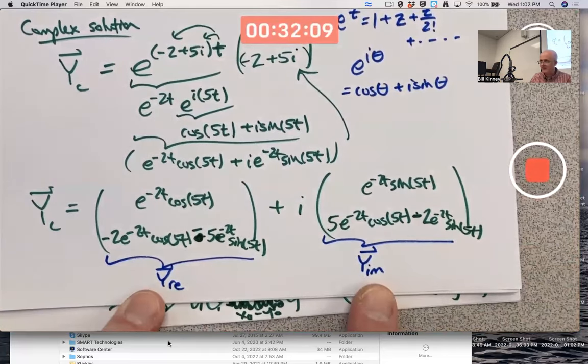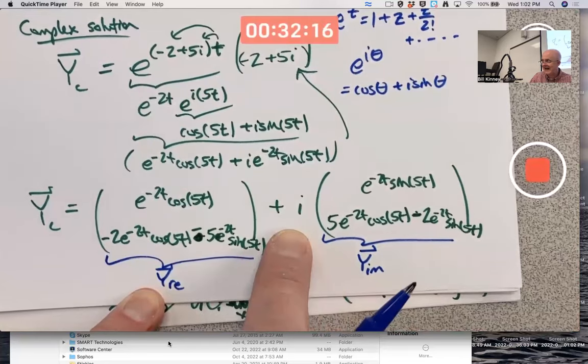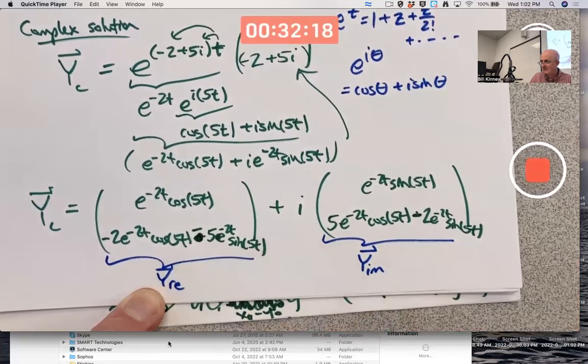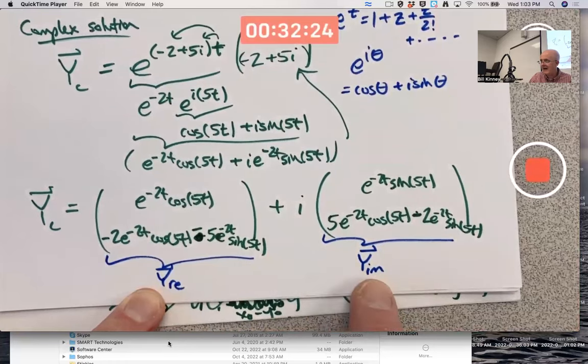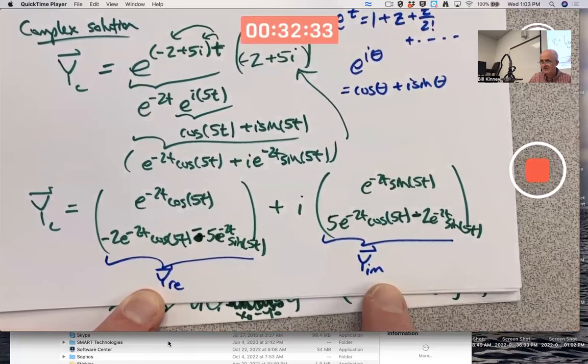They are both real valued functions in spite of the im label. The im label just comes from it being next to the i in this expression. Both y_re and y_im, the real and imaginary part of y_c, are real solutions of the differential equation.